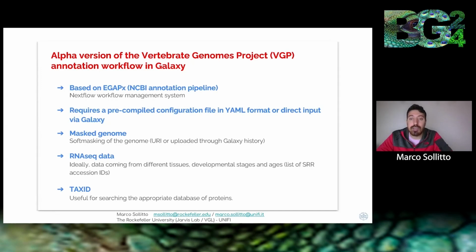And on Galaxy, it requires two different ways to input the data. We can input the data through a precompiled configuration file in YAML format, or directly putting the input through the Galaxy history. But which are the mandatory input data that we need to perform the annotation process?